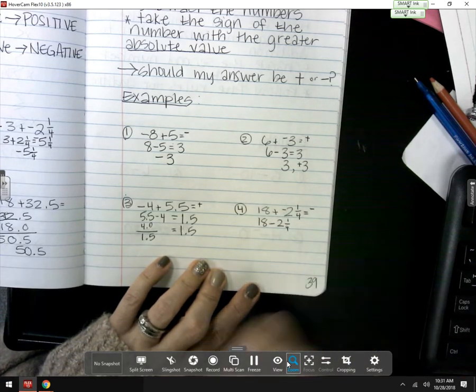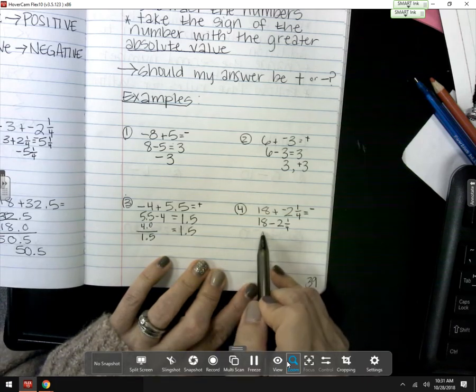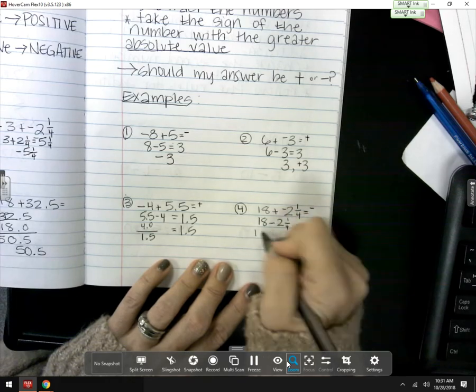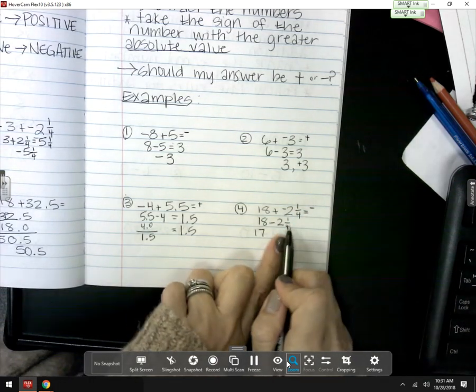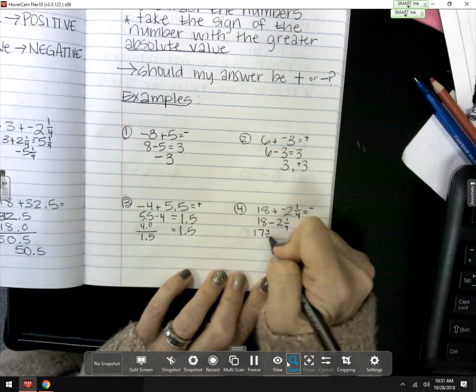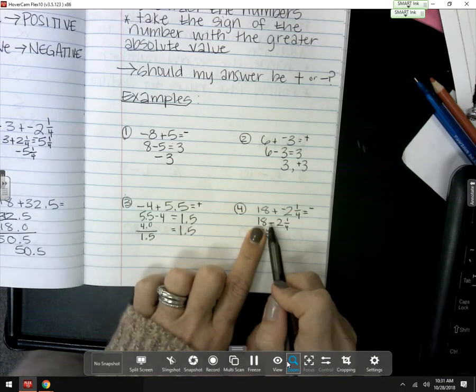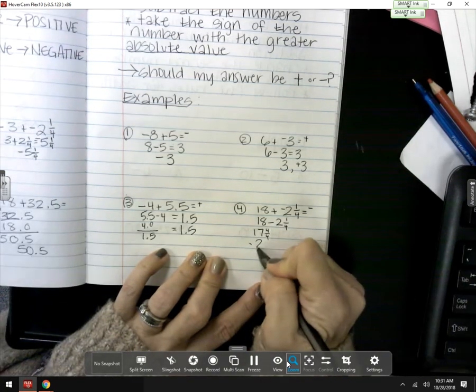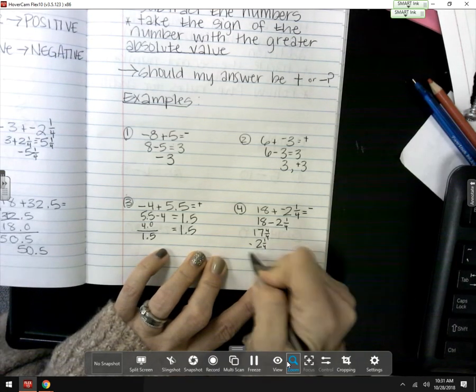So when I do this, I am going to actually regroup my 18 to make it 17, and then I have to have some fourths to take away from, right? So 17 4/4. So all I did was I just traded in one of my whole numbers for 4/4. And then I'm going to take away 2 1/4.